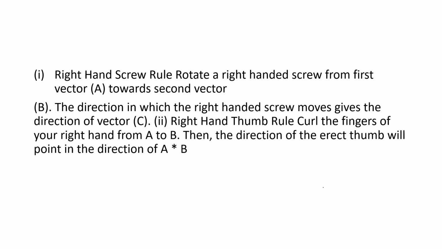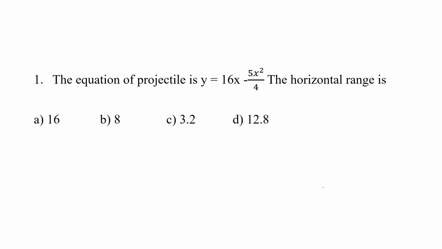So let us discuss some numericals based on this chapter, right? The first question is, the equation of projectile is given by y is equal to 16x minus 5x square divided by 4.